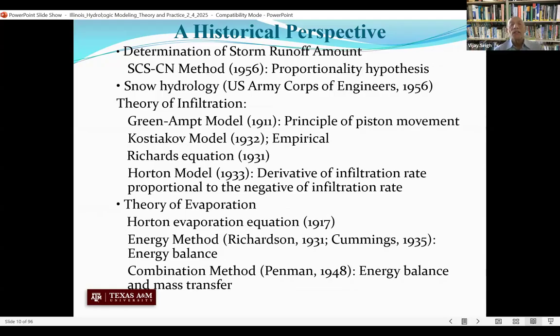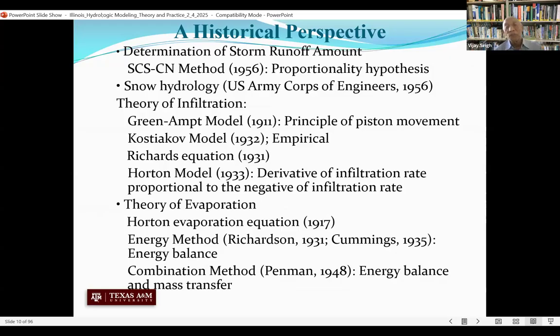On the other hand, in the theory of evaporation, Horton also derived an evaporation equation based on physical principles in 1917. Unfortunately, a vast majority of people are not even familiar with the Horton evaporation equation. And then, of course, the energy method for computing evaporation from water bodies or saturated medium was developed by Richardson in 1931, Cummings in 1935.